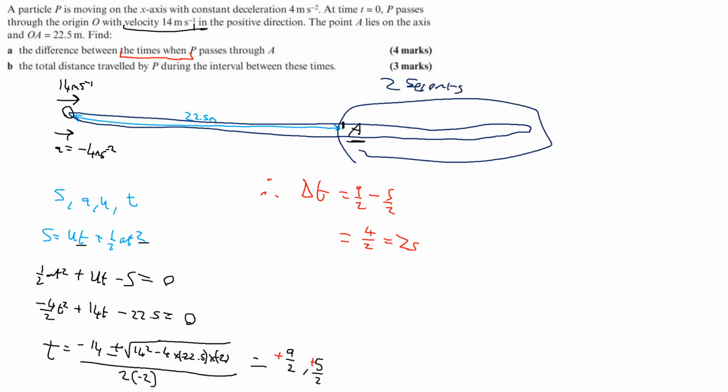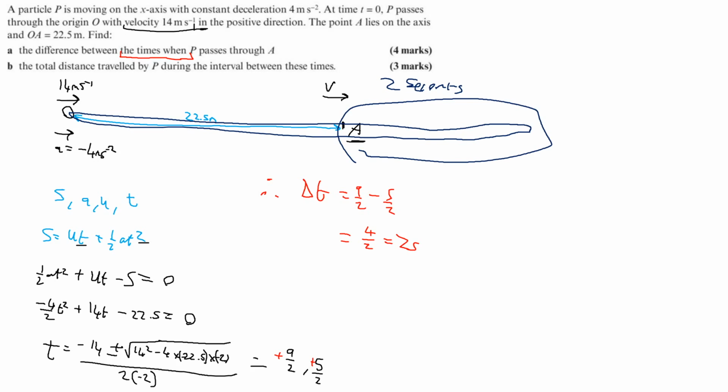So now we're asked what is the total distance traveled during the interval between those times. Okay, so what we want to do is we need to work out what the final velocity is here, right?